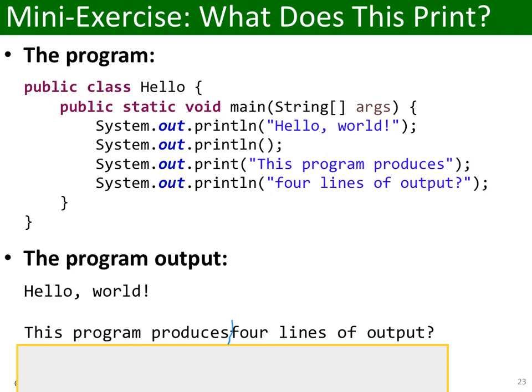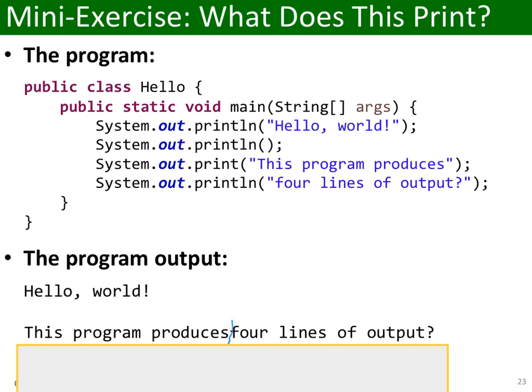So it's kind of ironic. No, this program does not produce 4 lines of output. It produces 3 lines of output. And the reason is because this statement is a print statement, which does not generate a new line. So if you don't generate a new line or a carriage return, then the next print statement or print line statement will begin to print wherever the cursor was left. In this case, it was left right here.